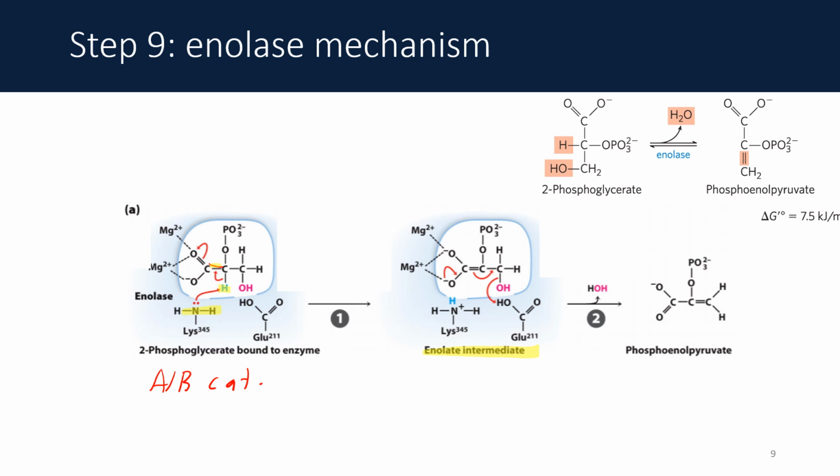Since we're building a bond to the carbon over here at the end, we need to break one of the bonds that were already affiliated with it. And the pi system always seems to be a good place to begin. The electrons in that pi bond will jump up onto that oxygen as a lone pair and form a discrete negative charge. And see how we have these magnesium ions?